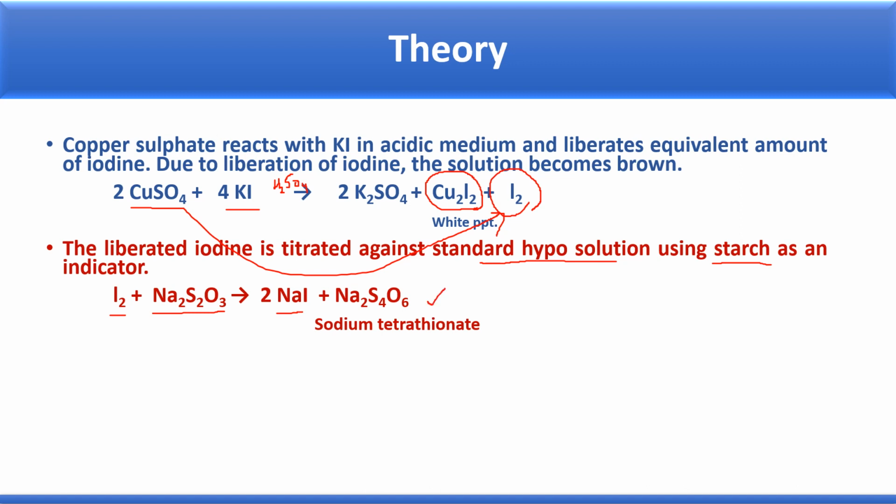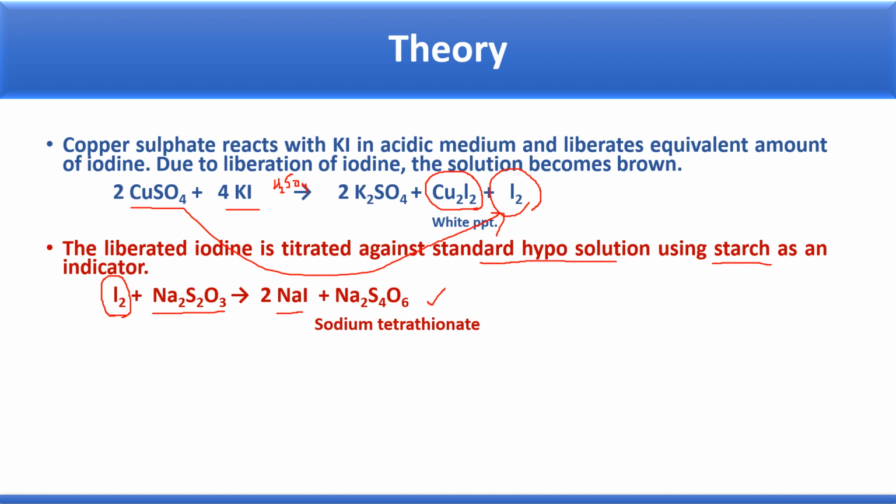As the iodine gets consumed by the hypo solution, the intensity of the brown color decreases. Why does it decrease? Because the brown color is due to the liberation of iodine, and as the iodine reacts with the hypo, its concentration in the solution decreases. So the intensity of the brown color decreases.